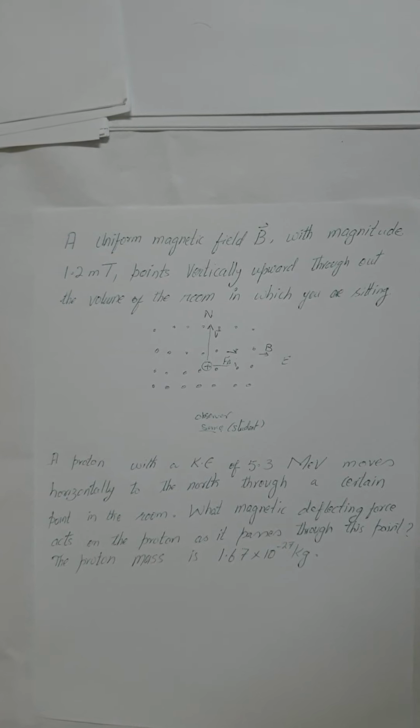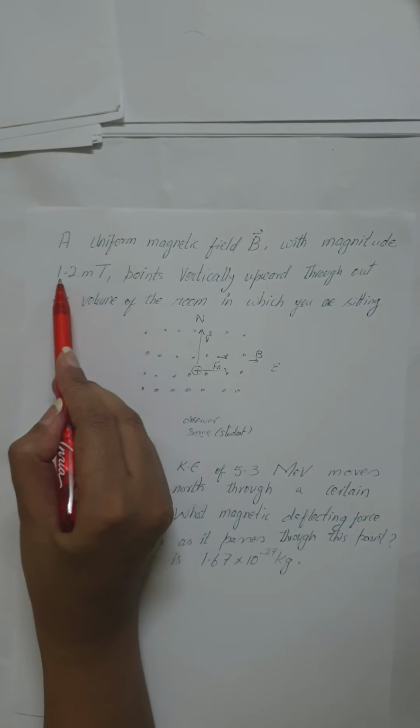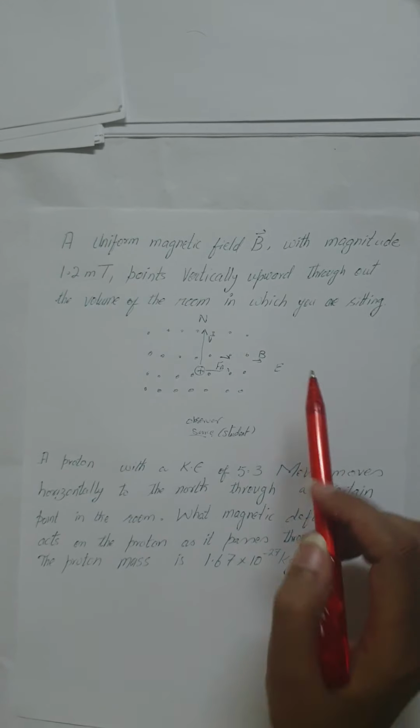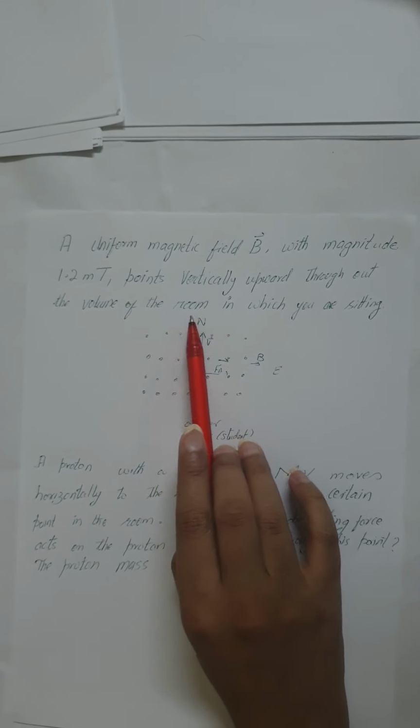In this problem, a uniform magnetic field is applied with magnitude of 1.2 millitesla, and it points vertically upward throughout the volume of the room in which you are sitting.